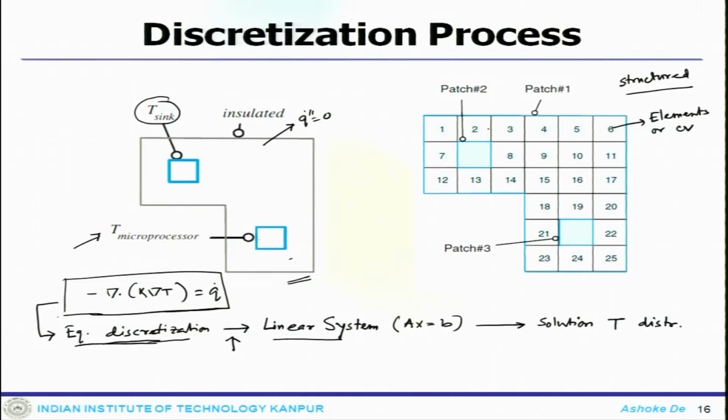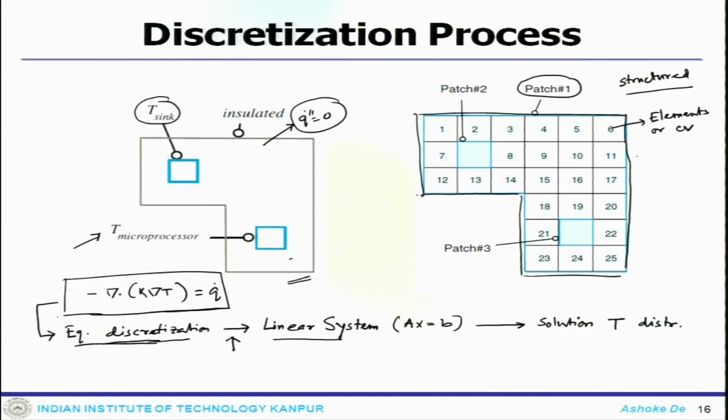These small control volumes will finally lead to this particular heat base, and patch 1, that means along the outer boundary of this heat base, along this boundary, this boundary, this boundary, we have a boundary condition, and that boundary condition is essentially the no heat flux boundary condition.